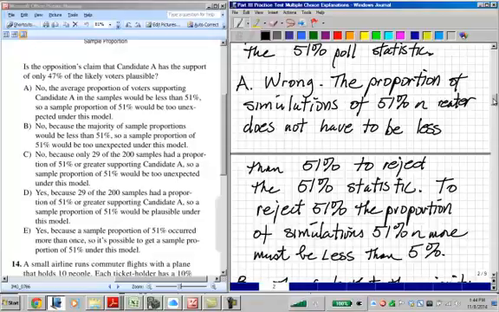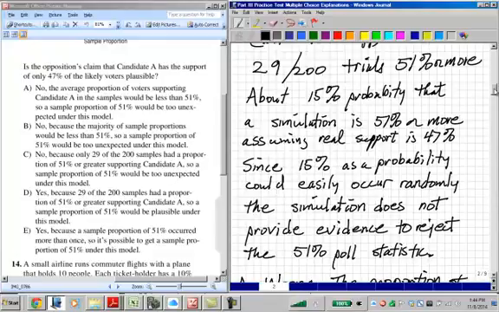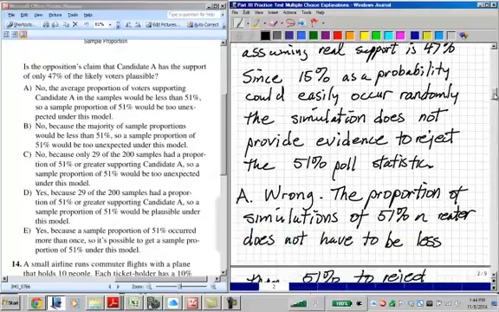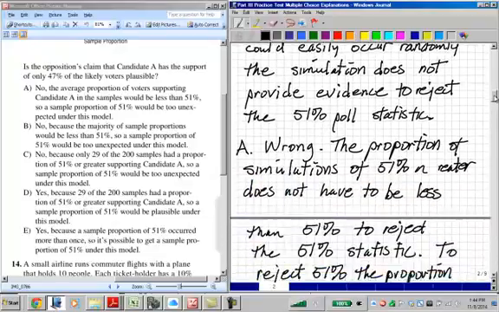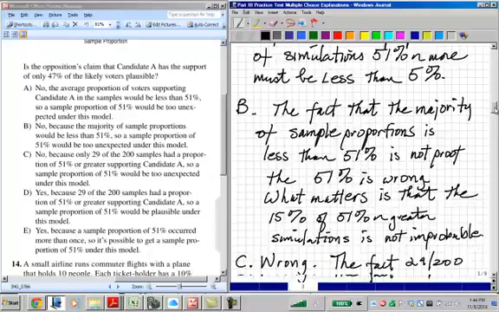To reject 51%, the proportion of simulations of 51% or more must be less than 5%. The idea is, let's go back to here, 15% could easily occur randomly. So it's not ruled out as a possibility as being the true proportion, the population parameter, if you will, that 51% is the true proportion. 15% of the simulations could easily occur randomly.